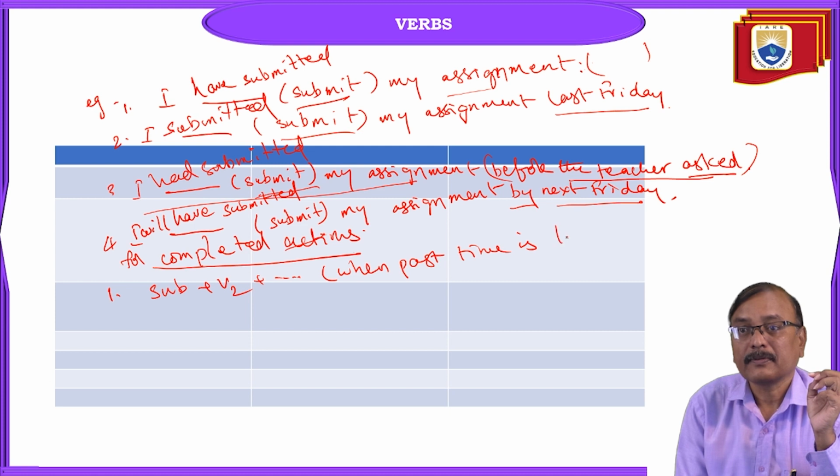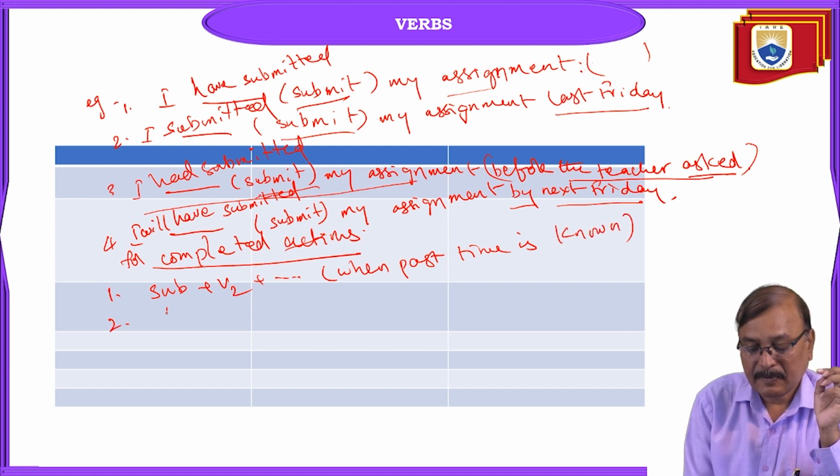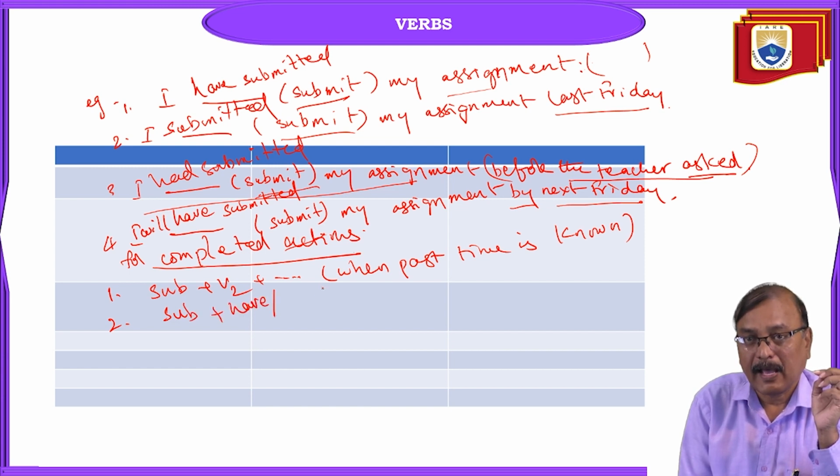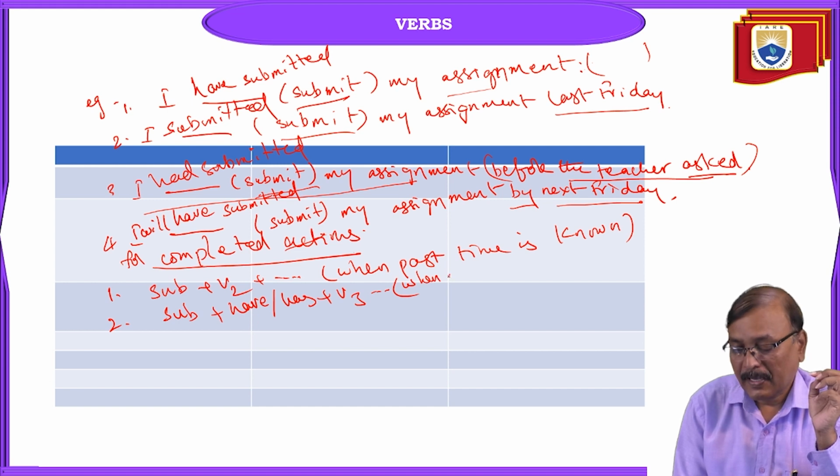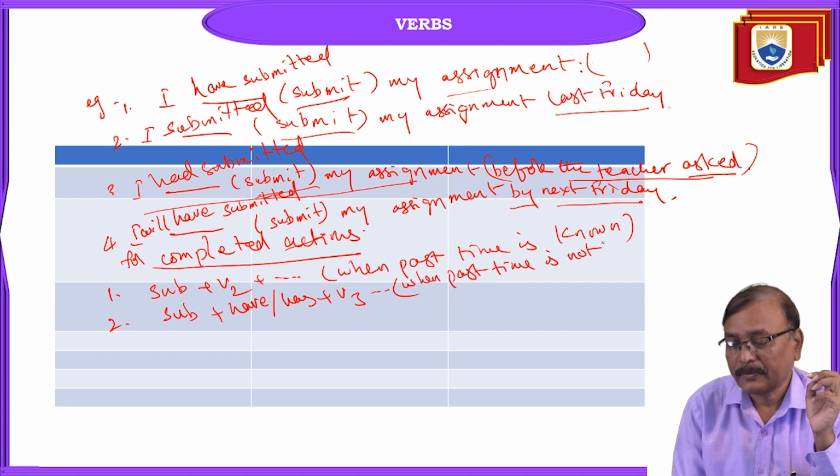Right? Second, subject plus have or has plus V3, when past time is not known, or for recently completed actions.